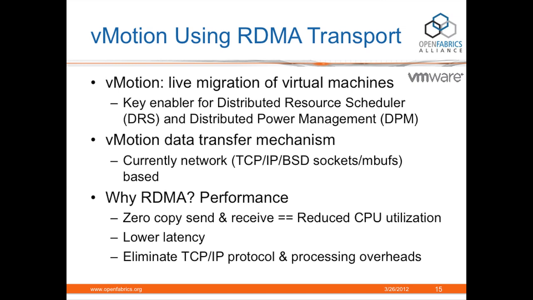There's faster VMotion times. If you have large VMs, you can migrate the VMs faster. For scenarios like evacuation, where you have to evacuate tens of virtual machines on a given host, you can evacuate them faster. And you can make use of the CPU cycles you have for running more virtual machines on the same host as well. Consolidation, classic value proposition.